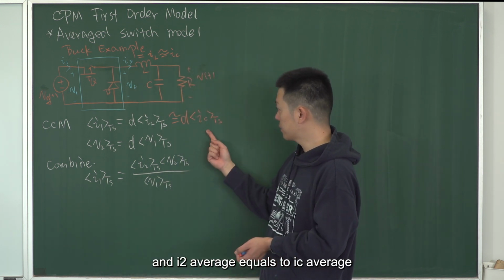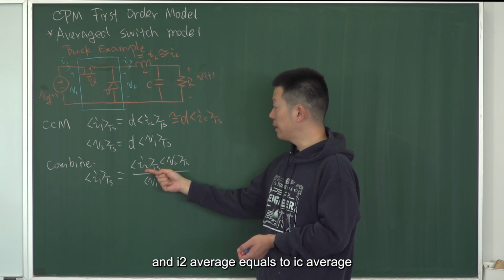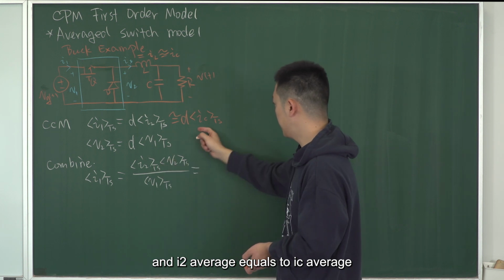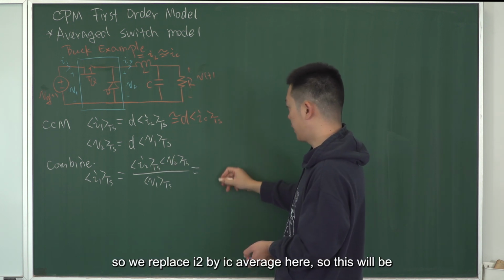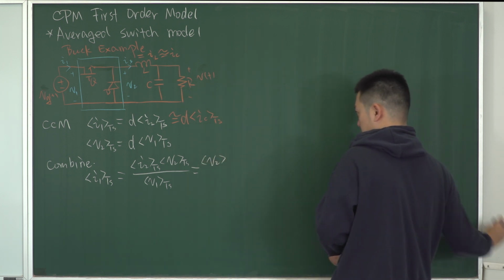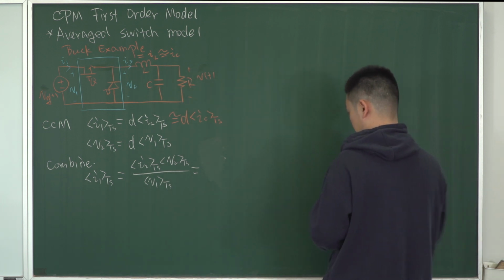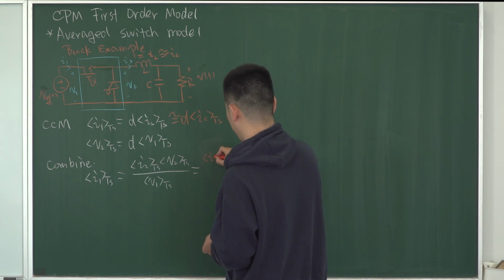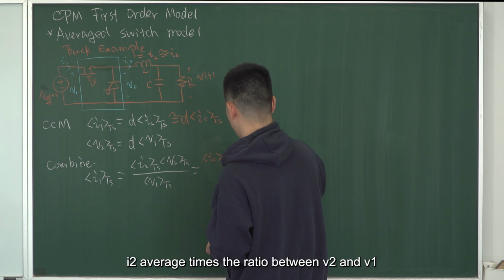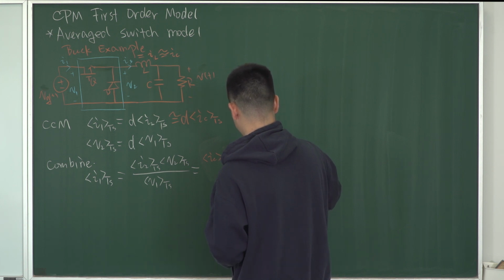And I2 average equals IC average, so we replace I2 by IC average here. So this will be IC average times the ratio between V2 and V1.